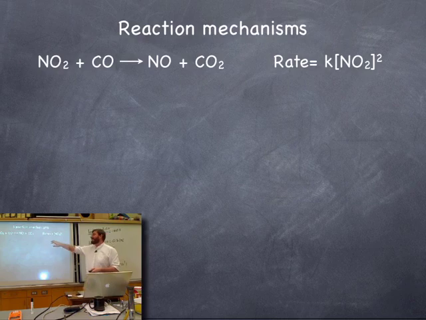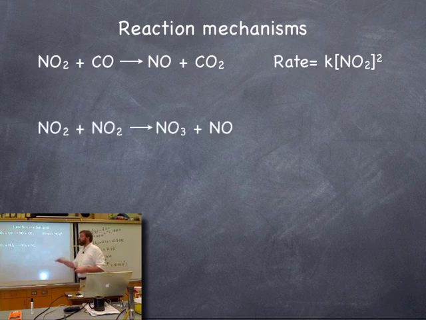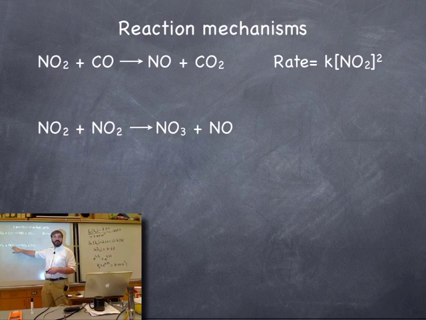If we go through and study this in much more detail, if we do really quick time resolution studies of what's happening, we see some other intermediate complexes being formed, other intermediate molecules that come and go very quickly in the reaction. So it looks like from studies that two nitrogen dioxide molecules smack together to form a nitrogen trioxide molecule and a nitrogen monoxide.